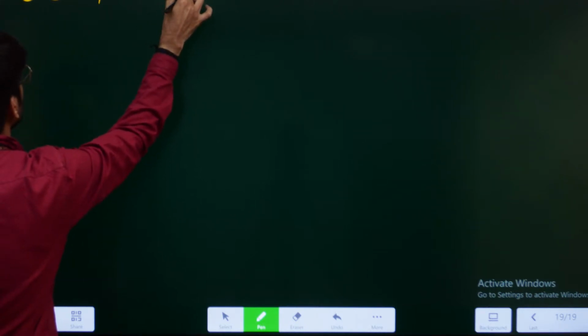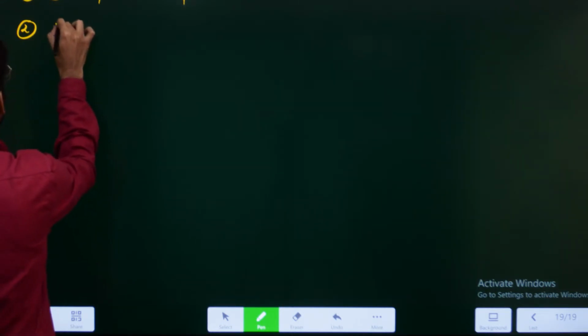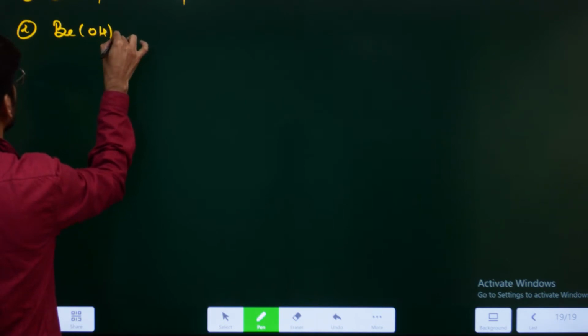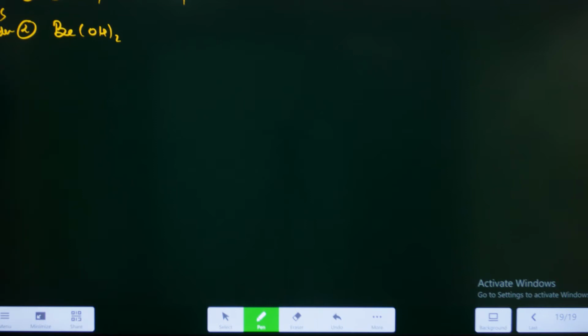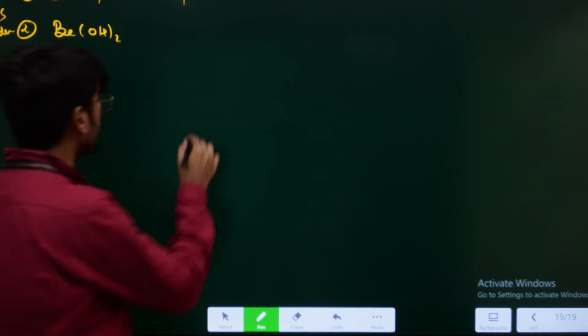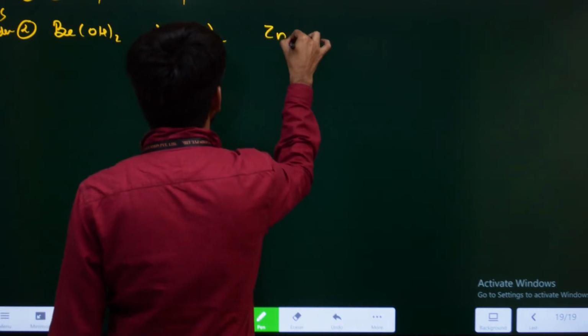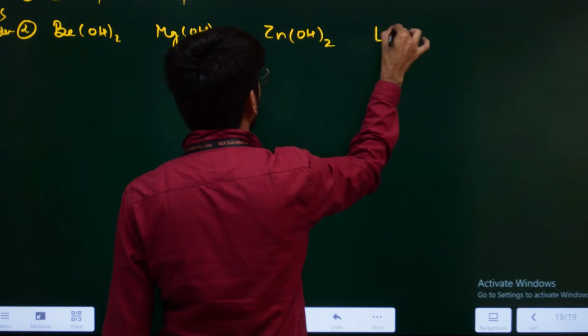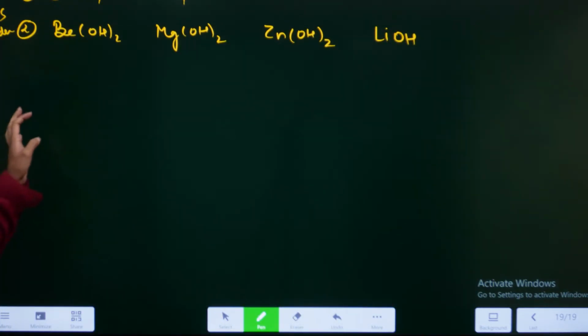Very quickly. Which has more thermal stability?